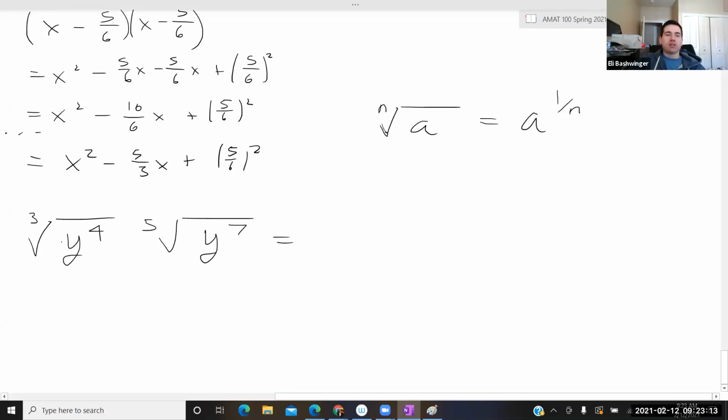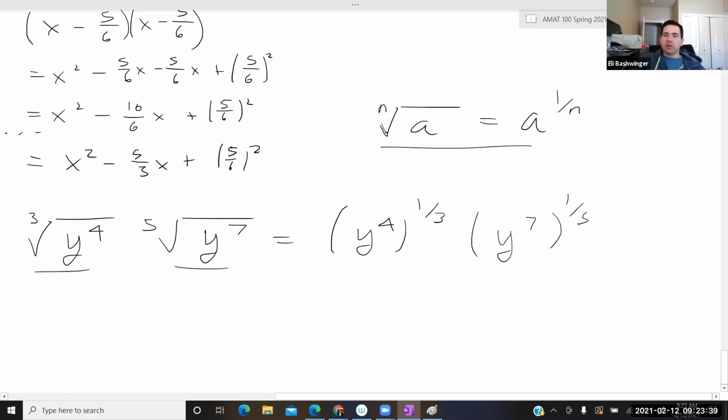So we apply this to both terms right here. In our case, a will be y to the 4th, and we take the 3rd root of it. Then we do the same thing here: a is y to the 7th, and we take the 1/5 root.